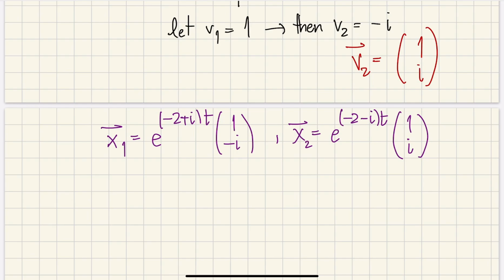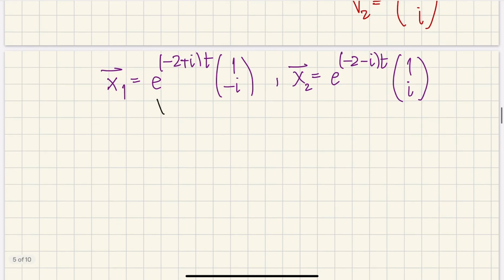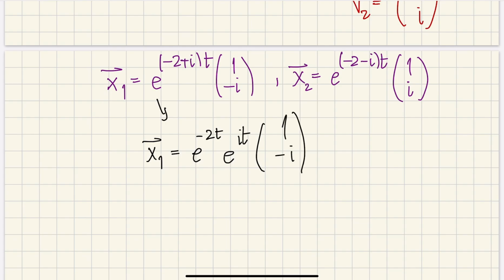Okay, so again, let's use the first solution to get our u and v, which will help us write the final solution. So we can write this as e to the power negative 2t times e to the power it, 1, negative i.